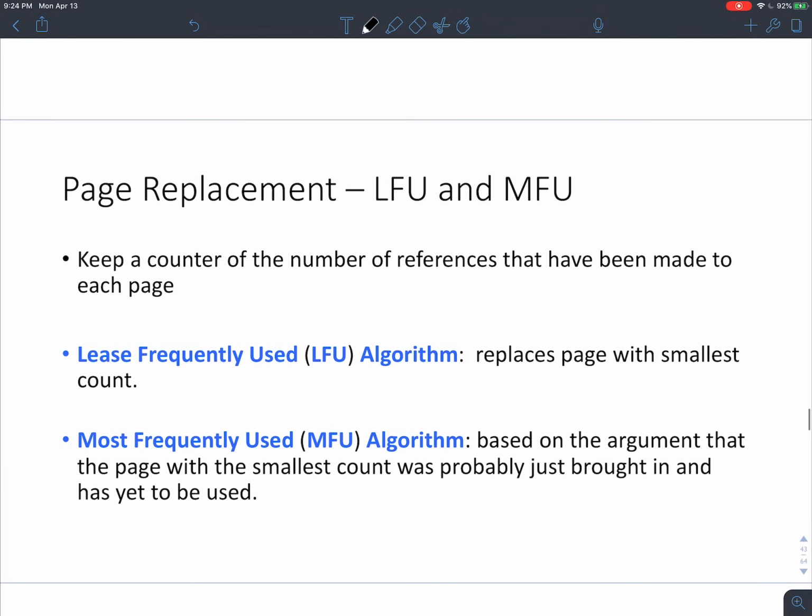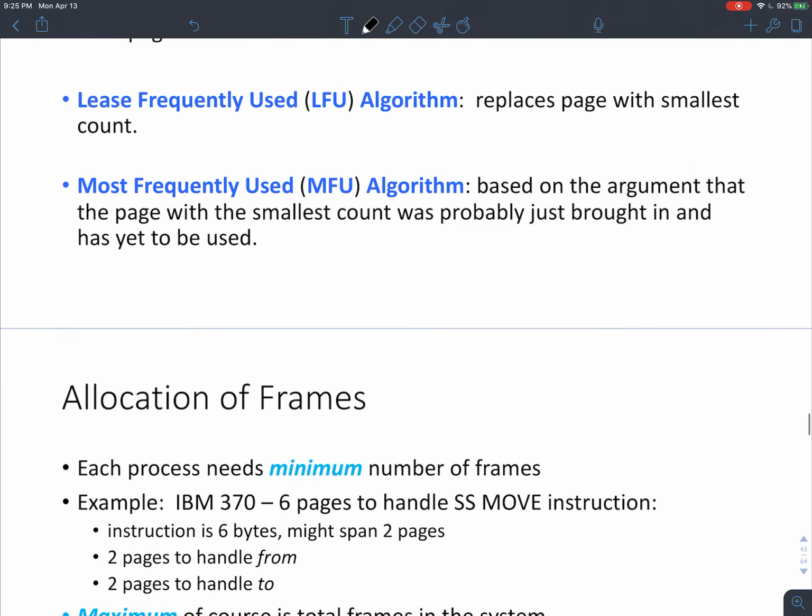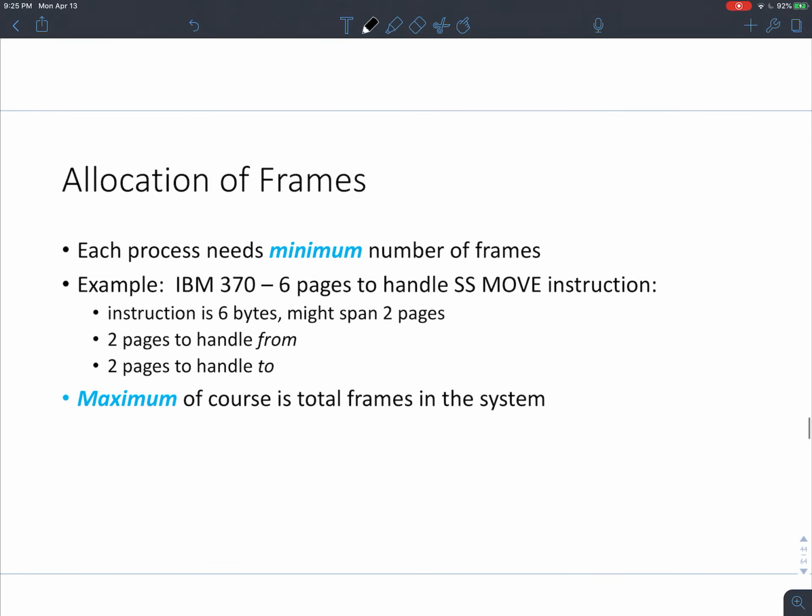There are also some other variations of page replacement algorithms, for example least frequently used and most frequently used, but they are not the mainstream page replacement algorithms, so I'm going to skip them.